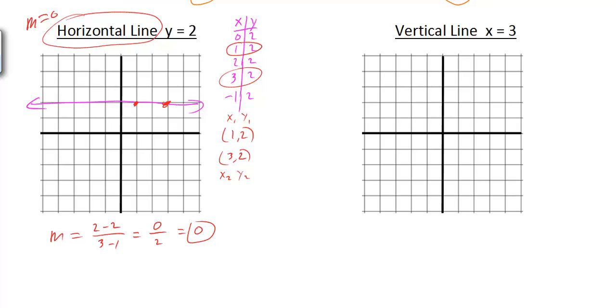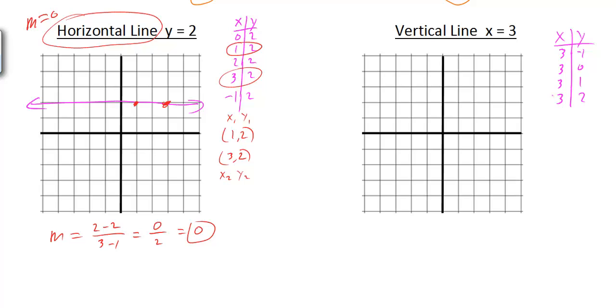So the other possibility is, what happens if we have a vertical line such as x equals 3? Basically what that means is, if we were to have a little xy chart again, no matter what your y value is, whether it's -1, 0, 1, 2, your x value is always going to be equal to 3.